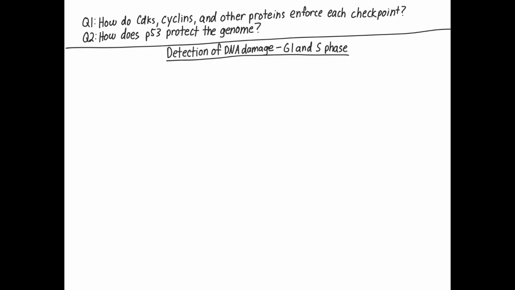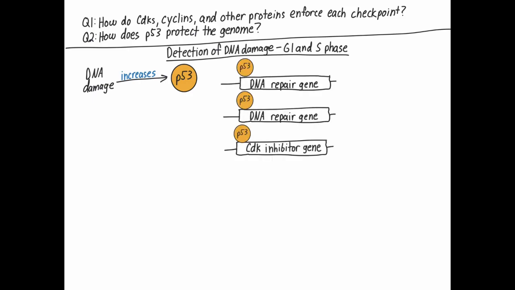The G1S checkpoint is also one place that the cell can pause the cell cycle if DNA damage is detected. As you saw in a previous video, DNA damage induces the accumulation of the p53 protein. p53, like E2F, is a transcription factor and binds to genes to alter their rate of transcription. p53 induces transcription of genes encoding DNA repair enzymes, inducing DNA repair.